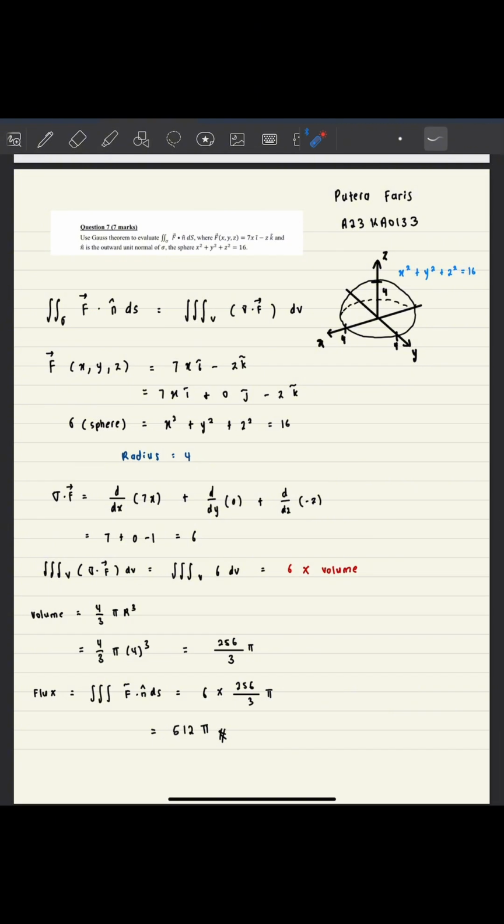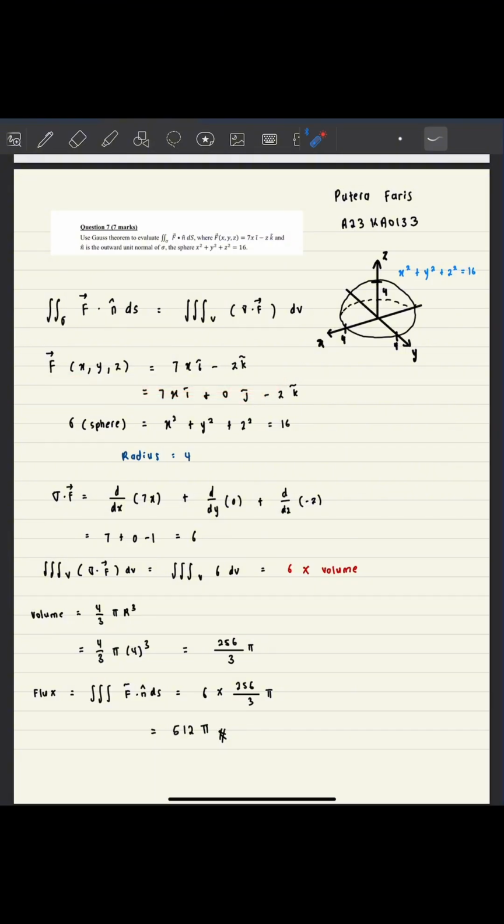Today I will be explaining question 7, which is the Gauss theorem question. From the question, they give F(x, y, z) equals 7x i minus z k, and the sphere is x squared plus y squared plus z squared equals 16.